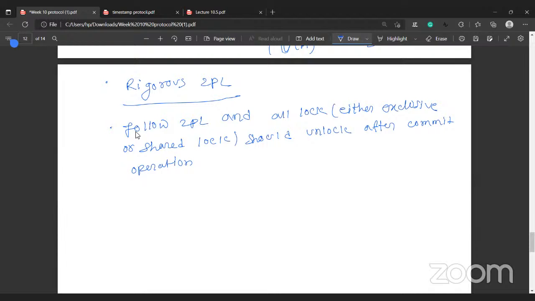So what is the advantage of rigorous 2PL? If it is rigorous 2PL, it is a recoverable schedule and there is no cascading rollback. So let's see one example.